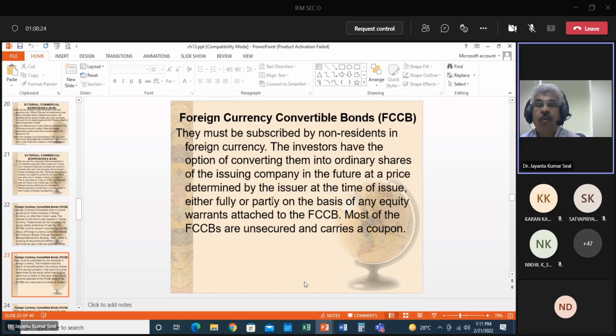Okay. What about conversion? So at the time of conversion, they will be given shares. Just now I told you, suppose 10 shares.